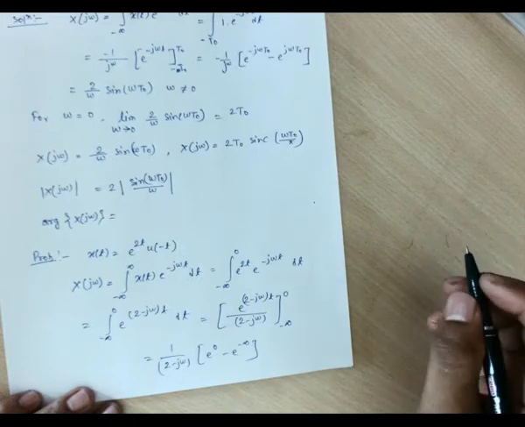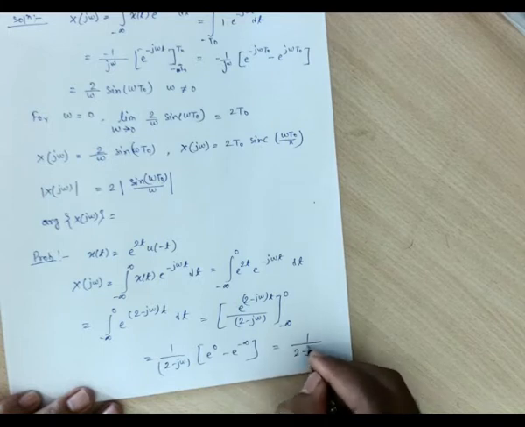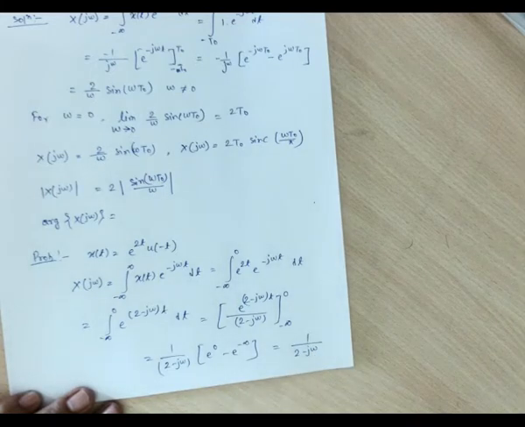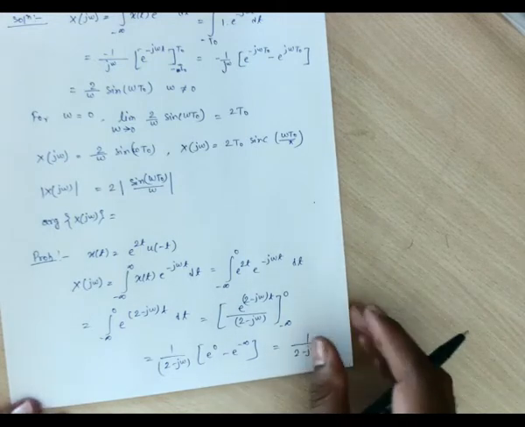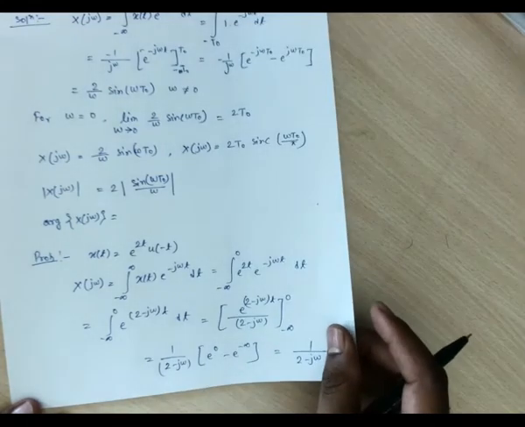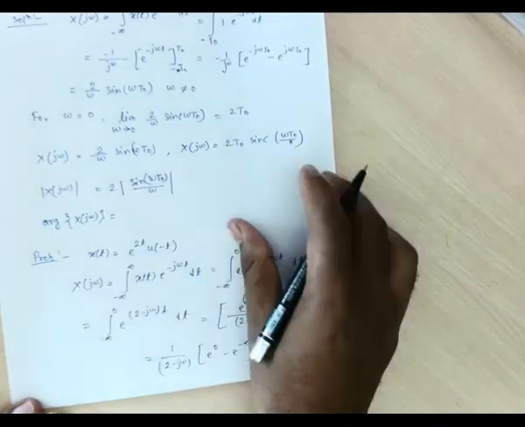And e to the power 0 is 1. So it is 1 by (2 minus j omega), right? So in this way we need to find out. Clear? You just find out this value and tell me.